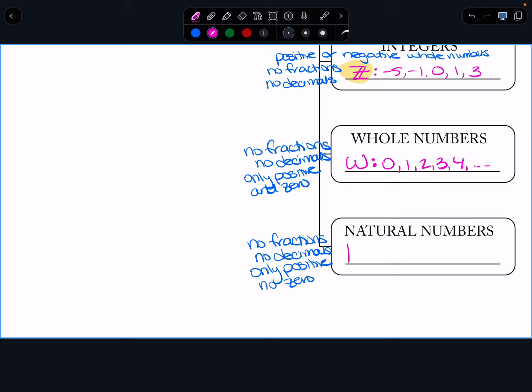It's an N with a weird double line through it. And we start with 1. 1, 2, 3, 4, 5. And those are the natural numbers.